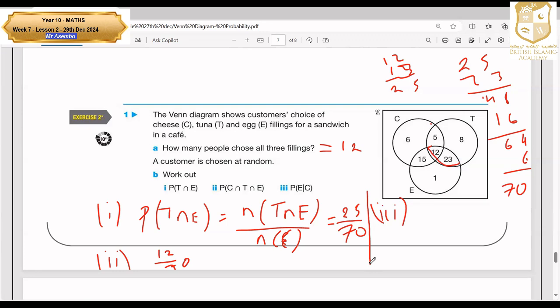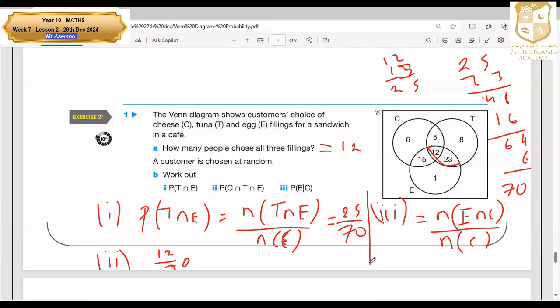So those two sets. The sample space now changes. So this is going to be equal to the cardinality of E intersection C over the cardinality of C.